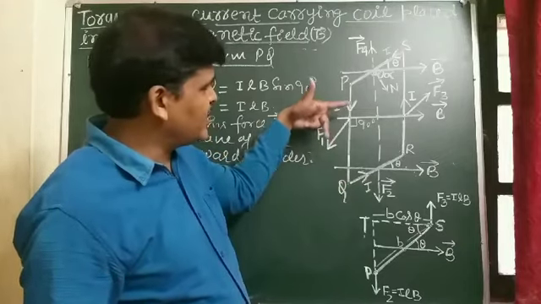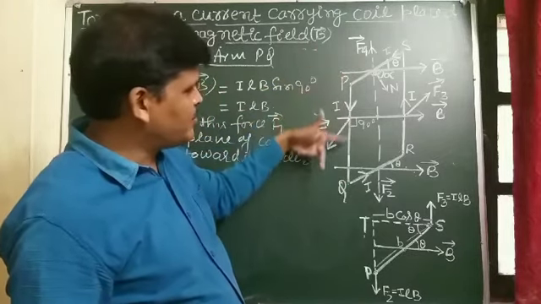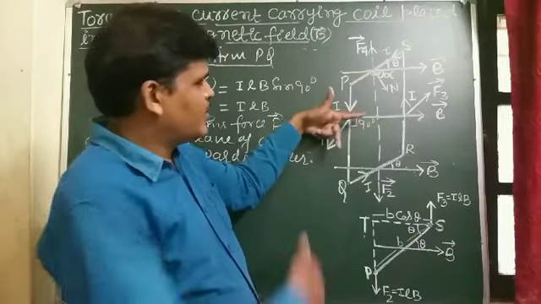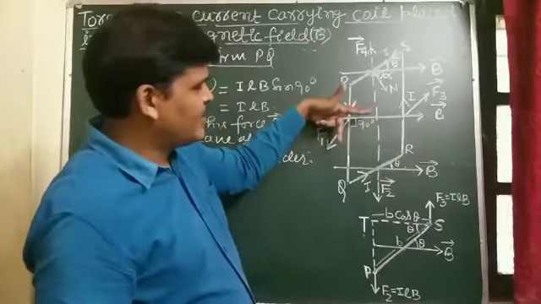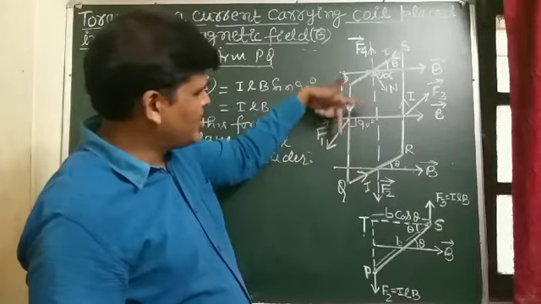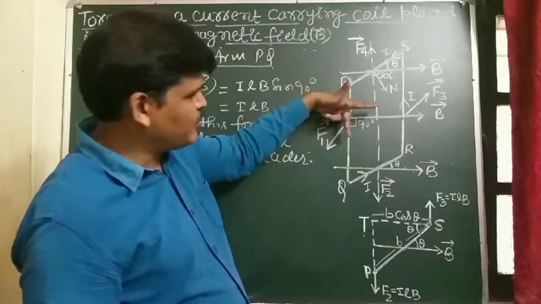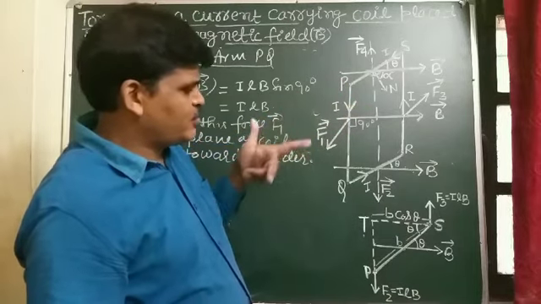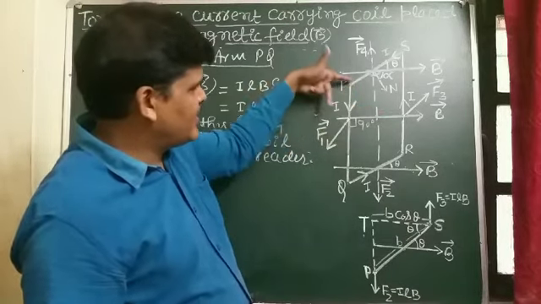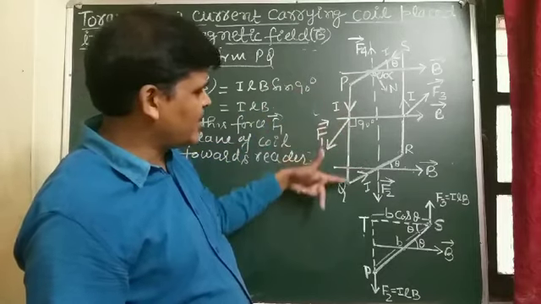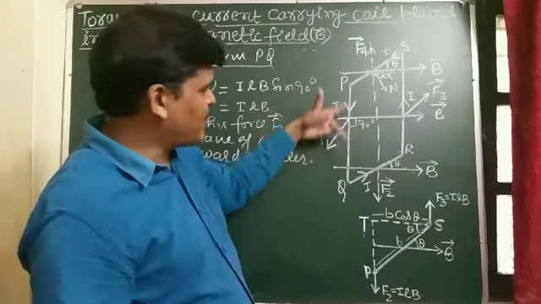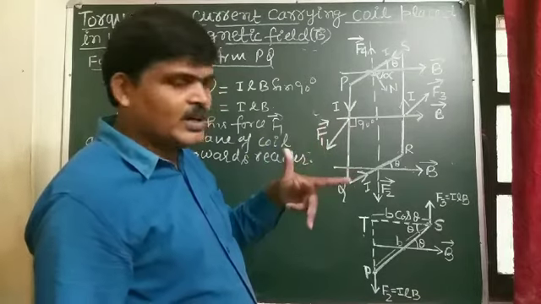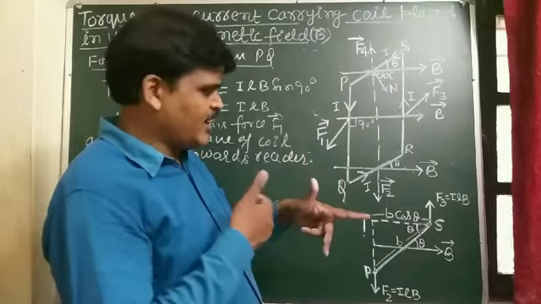And students, see that force on arm PQ, direction of magnetic field, that is towards right, which is perpendicular to PQ, and direction of the current which is shown by the central finger. So students see that direction of the force acting on arm PQ is perpendicular to the plane of the coil and towards reader.